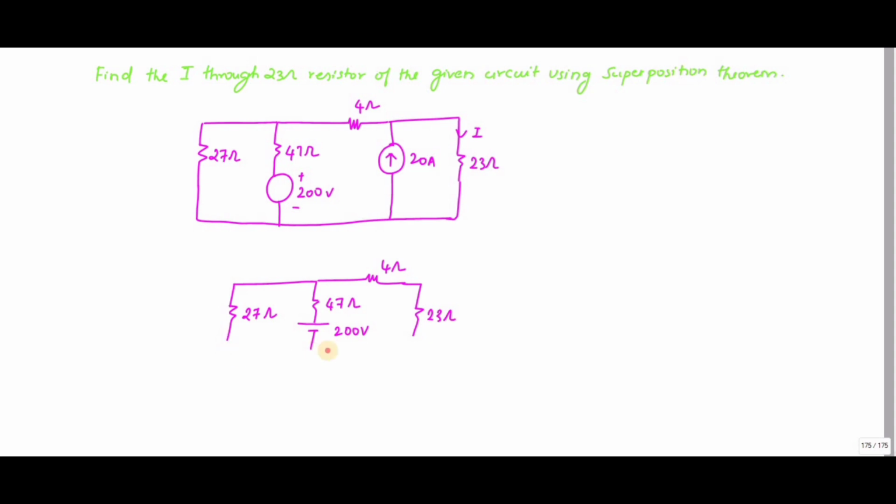So if I open circuit it, I will get this circuit, and I need to find the current at this point. So this is my first circuit. For circuit 1, I need to find the current at this point.